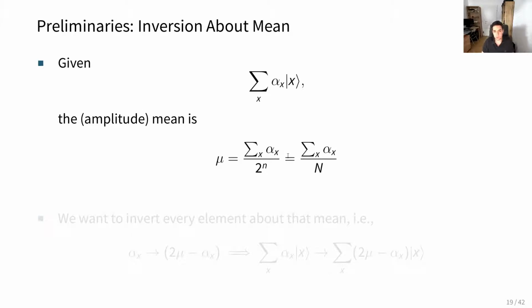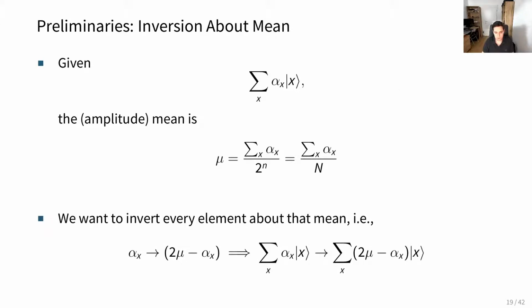The second building block is called inversion about the mean. We are again given some input, and the amplitude mean, like in classical computing, is the sum of all amplitudes, or weights, divided by the total number of weights. So 2 to the n is actually capital N. This is always the same in this example. Now what you want to do is the inversion about the mean, and it turns out it's this function.